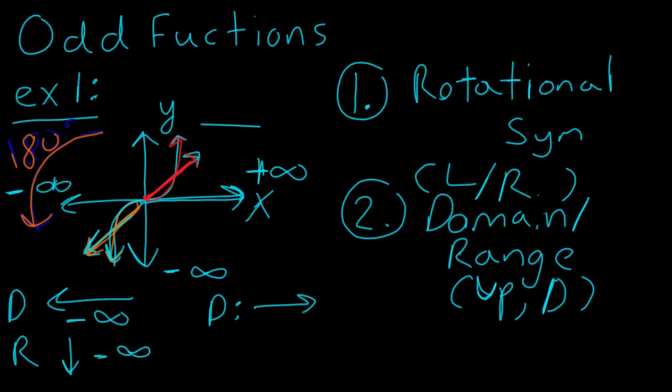So when we're going to the right, or aka positive infinity, we would ask ourselves this question: is the line going up or is it going down? Now look at this graph. What do you think? Is it going up or is it going down? And of course, it's going up. So let's say, hey, our range, as our domain approaches positive infinity, our range is also approaching positive infinity.